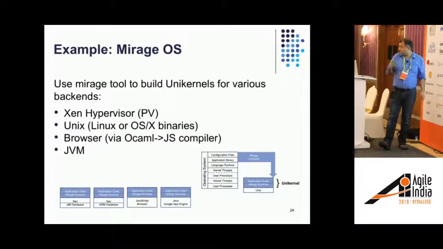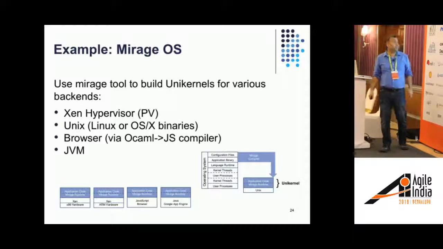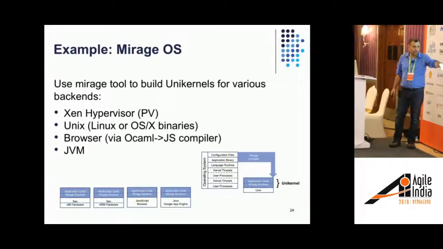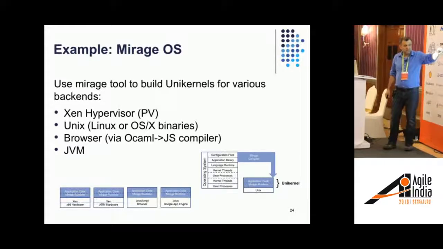And talking about Mirage OS, let's actually introduce Mirage OS. So the Mirage tool basically builds these unikernels for various backends. Now what you see here, I don't know if it's visible. I think it is. Yeah, so you have different backends: x86 hardware, the browser, and Google Java, which can run on Google App Engine. And it has these components for all of these backends.